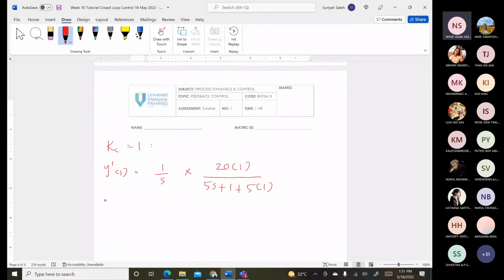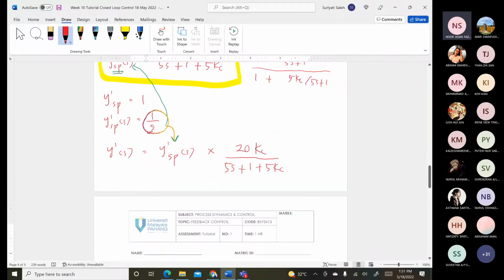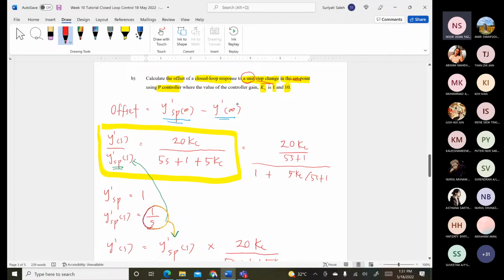So we get that y prime s equal to 1 over s multiplied with the 20, 5s plus 6. 1 plus 5 is 6, so you get 20 over 5s plus 6. So in this case, we have the y prime s. The one that we want to have is y prime infinity based on the offset calculation. So meaning that we need to use final value theorem.